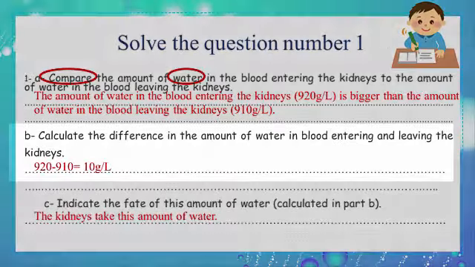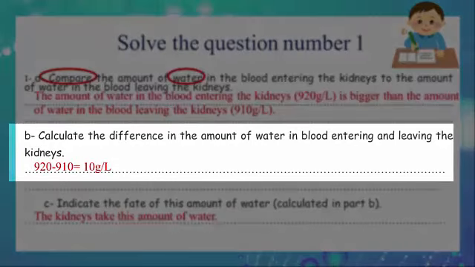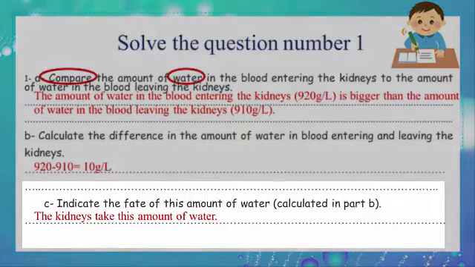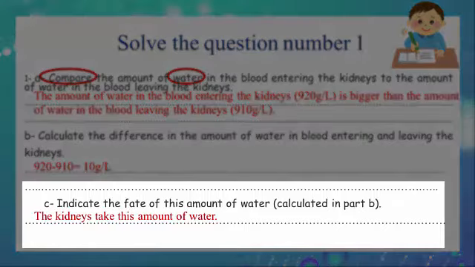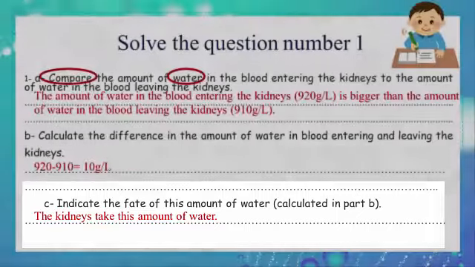B. Calculate the difference in the amount of water in blood entering and leaving the kidneys. 920 minus 910 equals 10 grams per liter. Part C. Indicate the fate of this amount of water calculated in Part B. The kidneys take this amount of water.